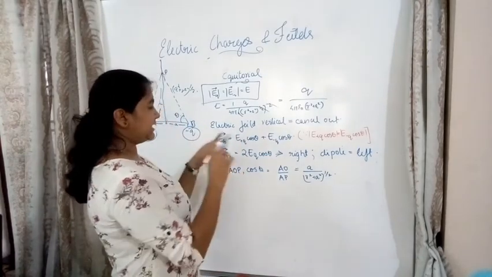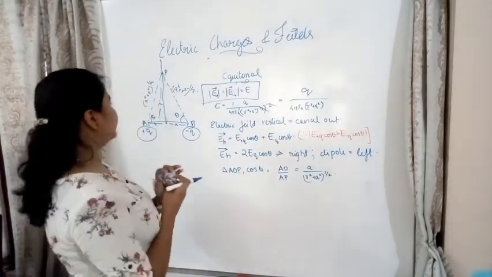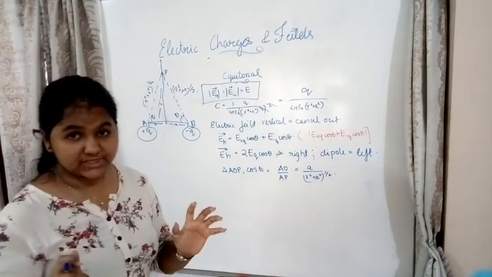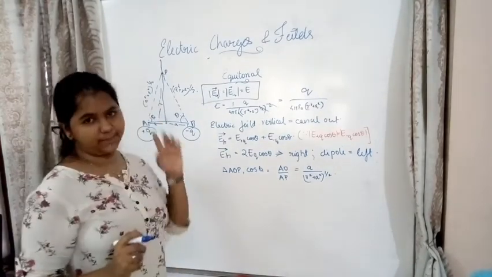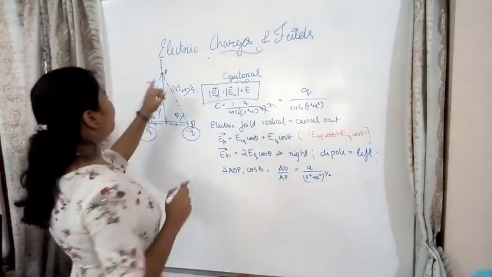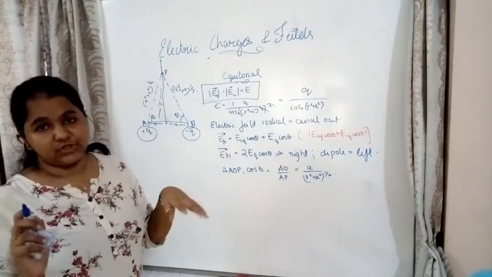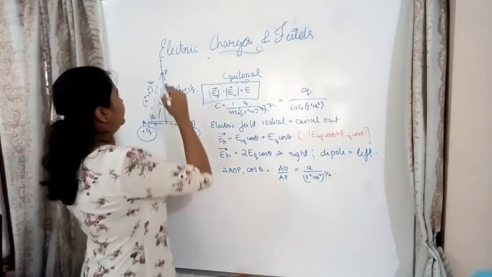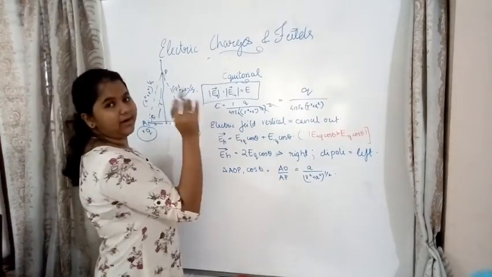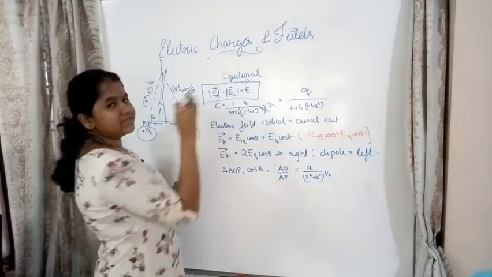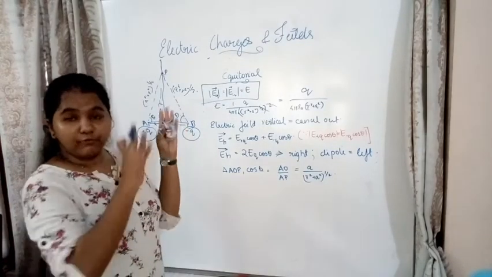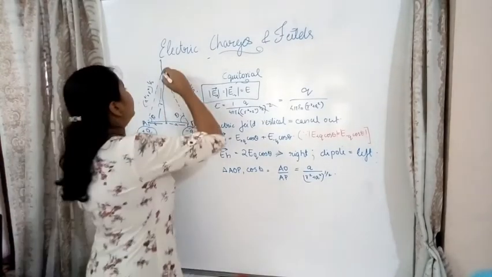Now we will see how the positive charge and the negative charge act upon this point. Over here, this is the positive charge, and the test charge is also a positive charge. What will happen? Repulsion would happen. So where would the electric field be directed?